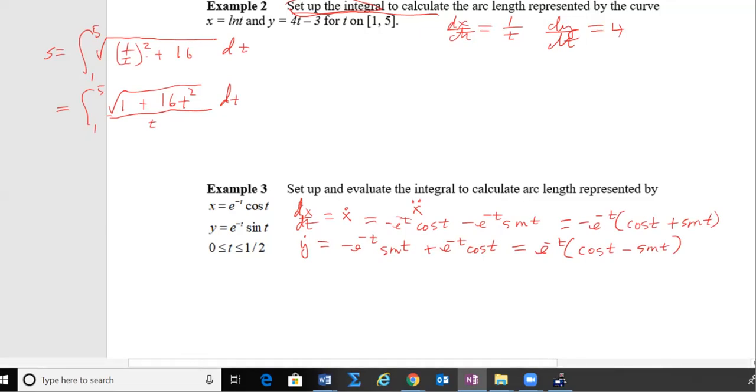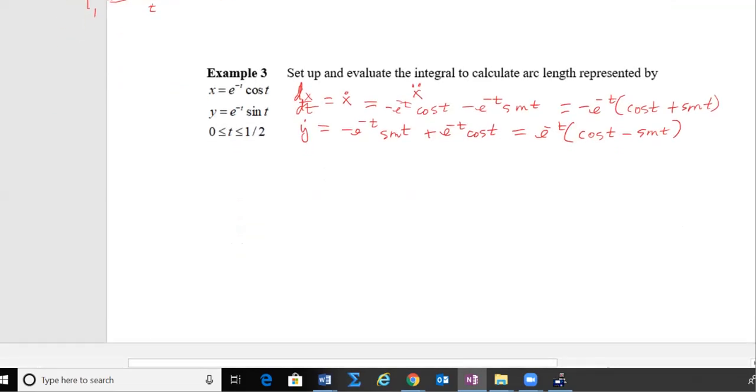All right, now let's start filling in our integral here. We're going to go from 0 to a half, and we want our derivatives squared now.